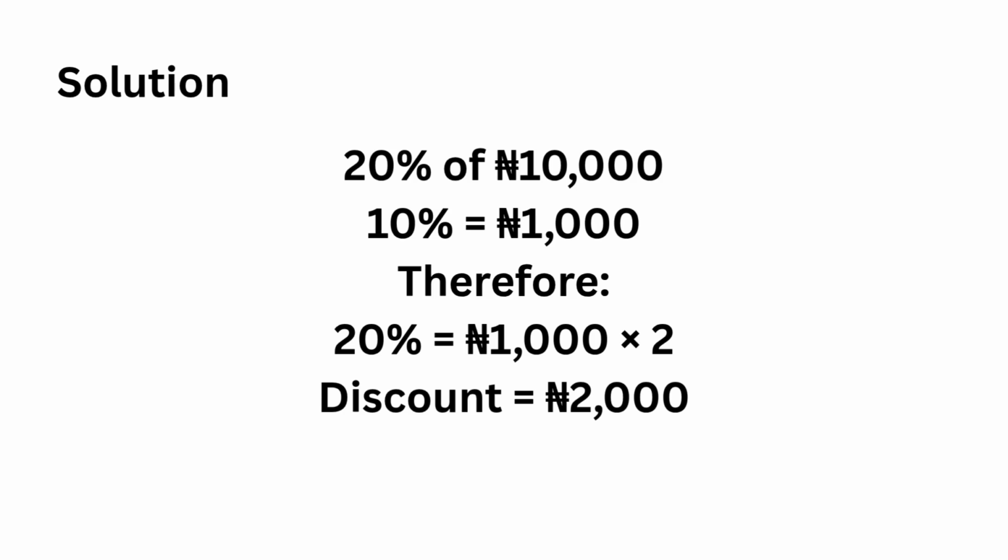Let's start by finding the 10% of 10,000 naira. That's 1,000. Multiply 1,000 by 2 to get your 20%, right? So that gives you 2,000 naira. So the discount is therefore 2,000 naira because it said 20% discount, and 20% of 10,000 naira is 2,000 naira.